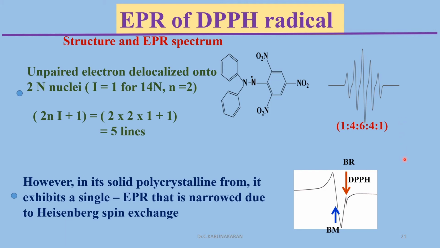It is very, very important, and this question was asked in CSIR or GATE. DPPH is a field marker. Since the g value for DPPH is 2.0023, it is known. Therefore, the g value for a copper complex, iron complex, or any free radical can be calculated using this as a reference compound.